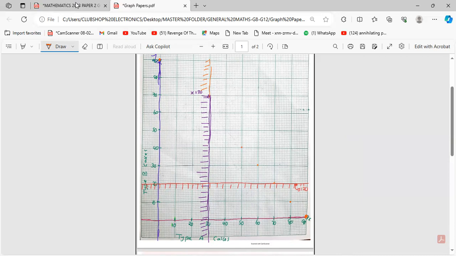But in your case, just join this point directly. You're doing it on graph paper, so join directly. In my case, I'll follow those.